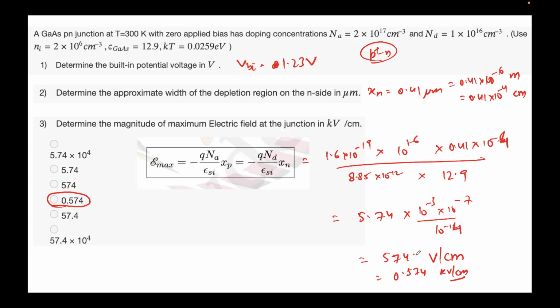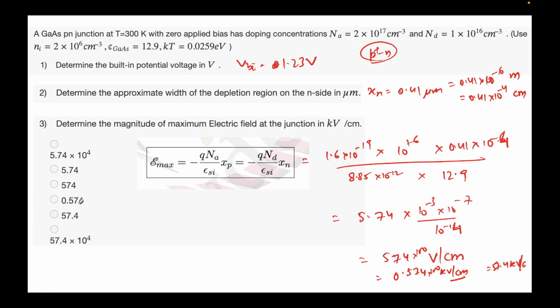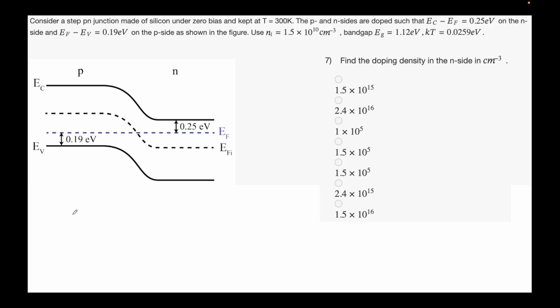So this will be times 100, times 100. This will turn out to be 57.4 kilovolts per centimeter. I don't have those values at hand right now, but just remember to put in the actual values.